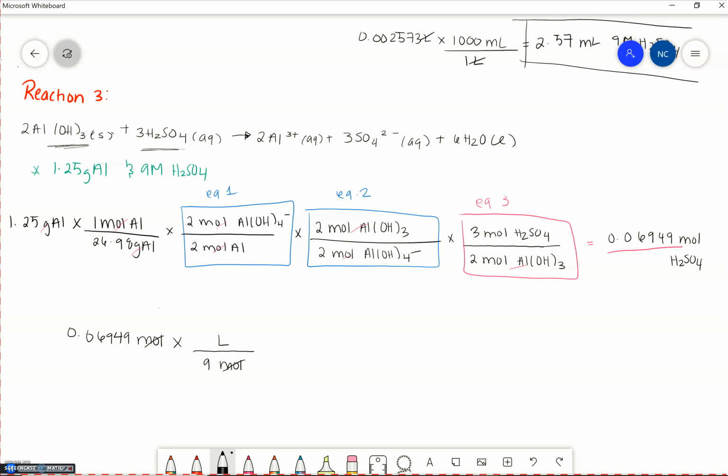Moles will cancel out, and you get 0.00772 liters. But remember, we need milliliters, so you're going to multiply by 1,000 milliliters, because for every 1,000 milliliters there is 1 liter.